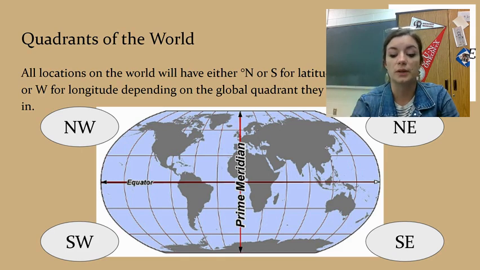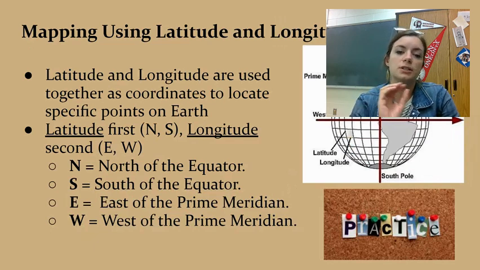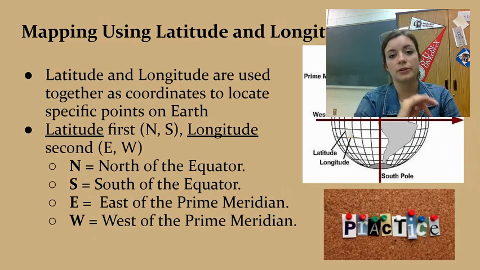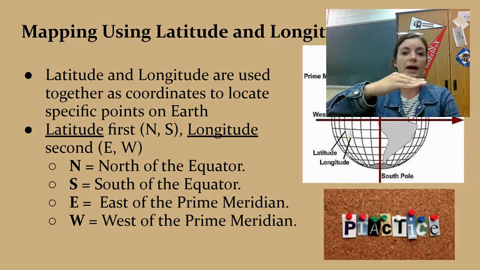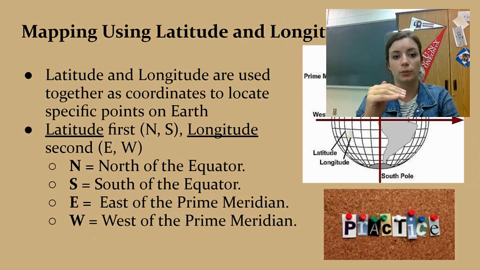So that's what the directions mean, right? Mapping using latitude and longitude, together those two make a coordinate. The first number, or the first degrees, is your latitude, and that should be followed by degrees north or south, because latitude is telling you how north of the equator you are or how south of the equator you are.